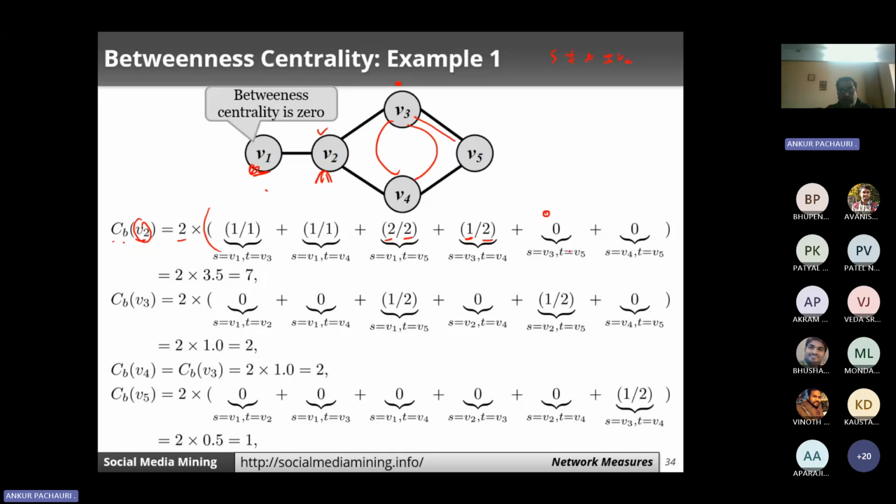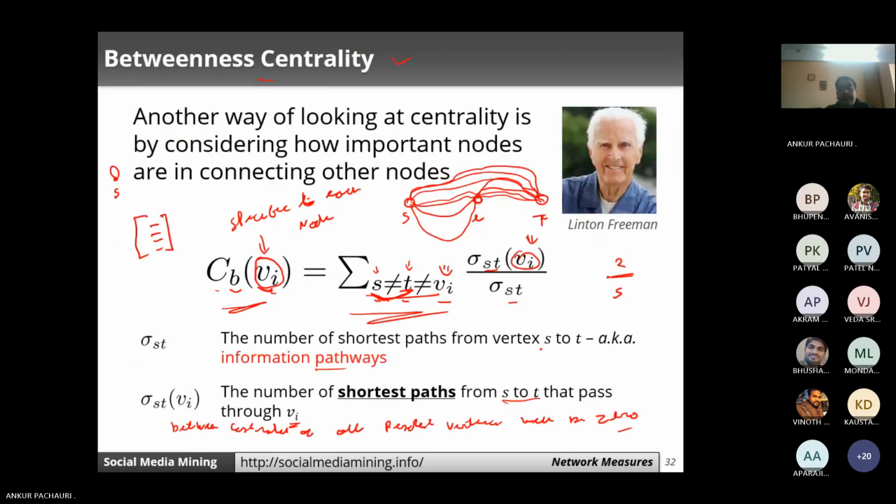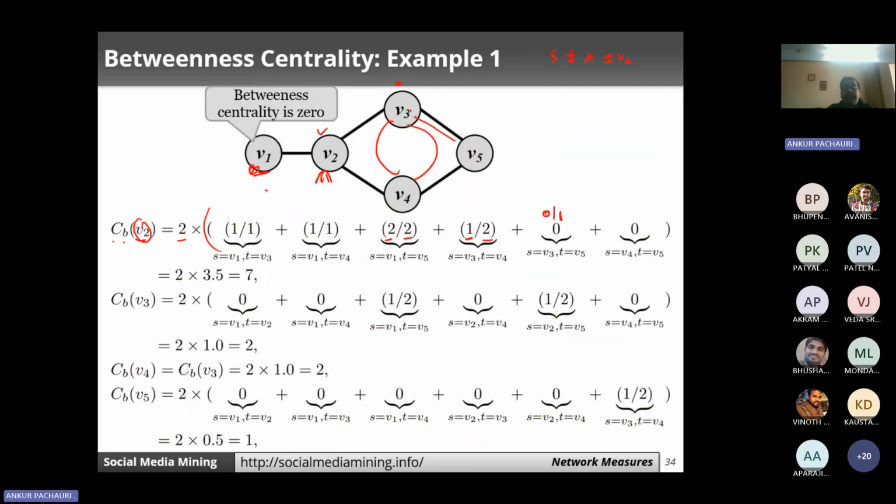So actually it is not 0, it is 0 by 1. The denominator is still non-zero. What is the denominator as per the expression? The denominator is the total number of shortest paths between that pair of nodes. For V3 and V5 there is 1, and 0 pass through V2. So it is 0 by 1. So I'm done with this.